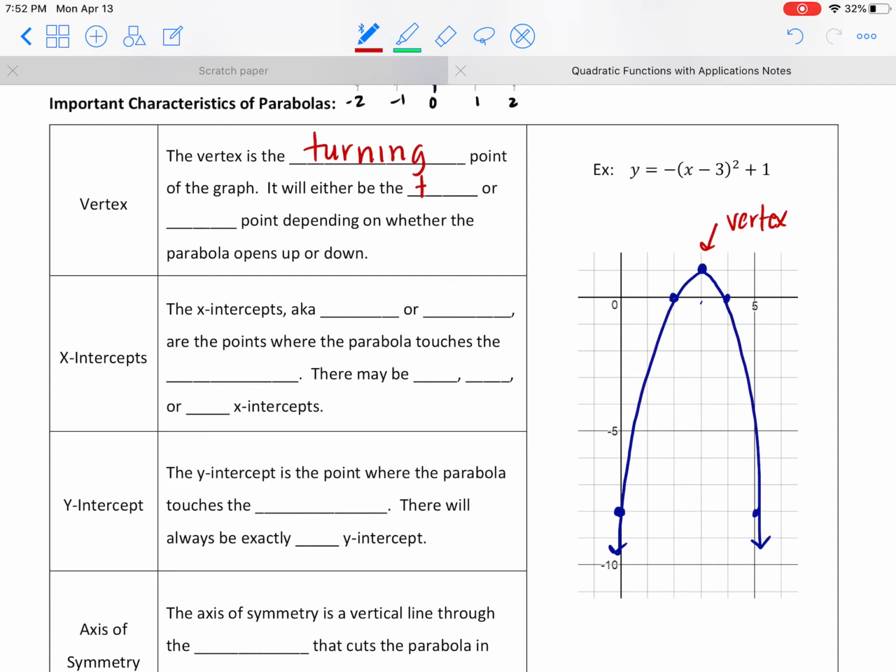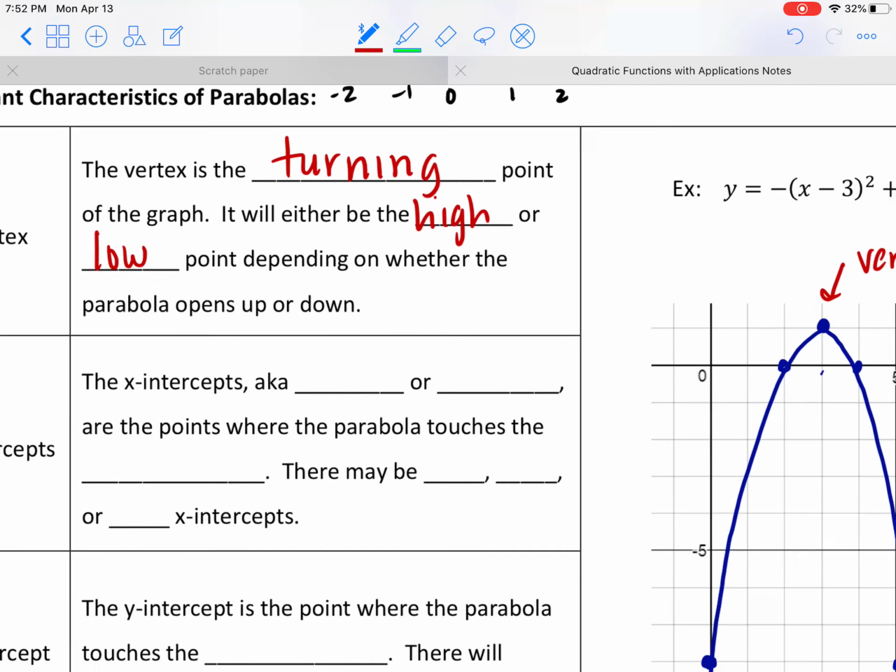Okay, so the turning point. And yes, it will either be the high or low point on the graph.